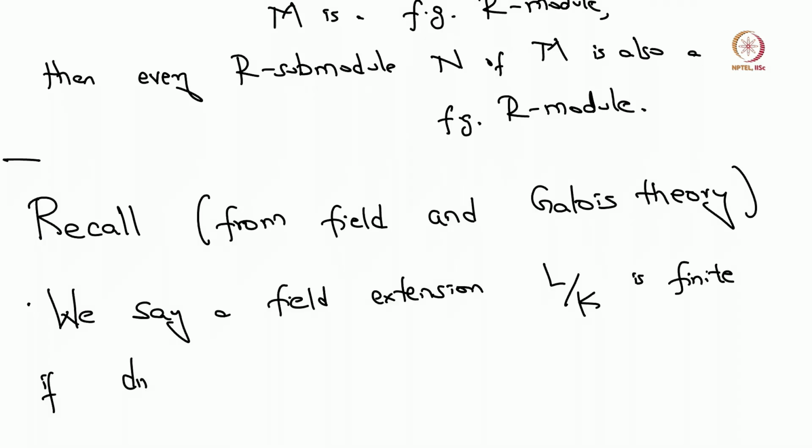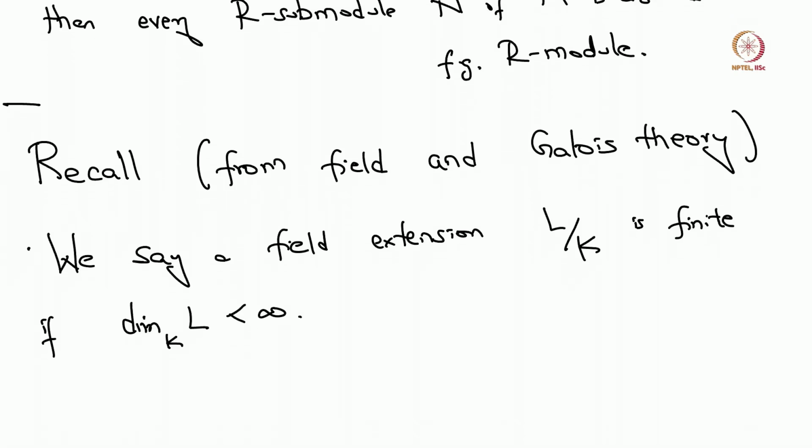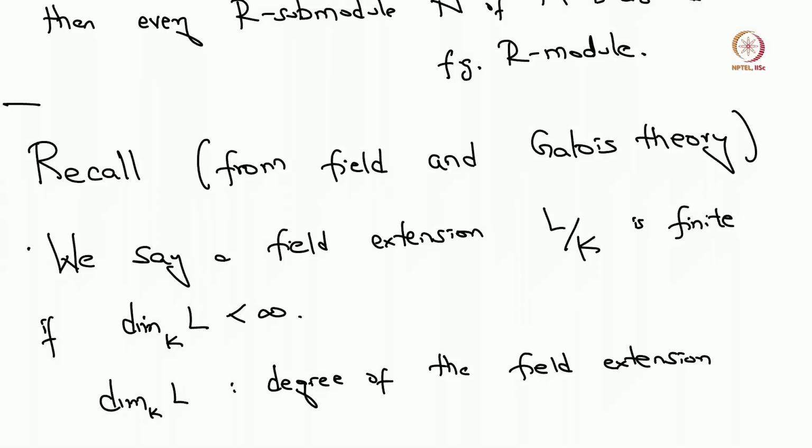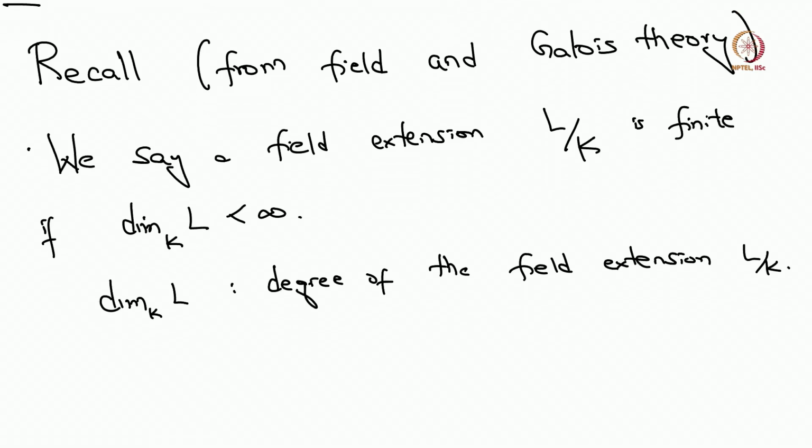So if the dimension of L as a vector space over K is finite. And so this dimension is often called the degree of this field extension. And it's also denoted by [L:K].